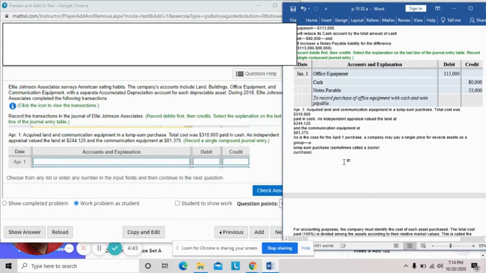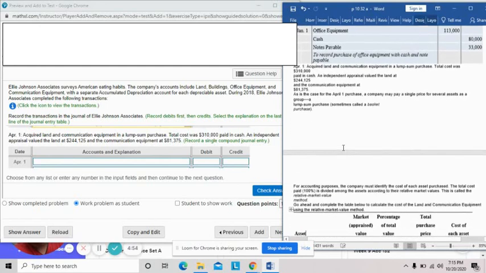As is the case for the April 1 purchase, a company may pay a single price for several assets as a group, a lump sum purchase, sometimes called a basket purchase. For accounting purposes, the company must identify the cost of each asset purchased. The total cost paid, 100%, is divided among the assets according to their relative market values. This is called the relative market value method.